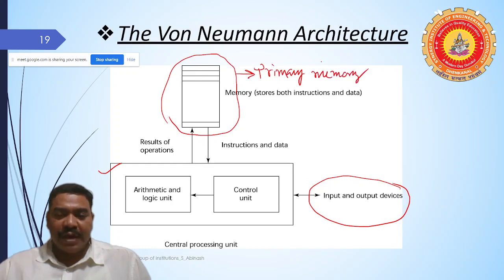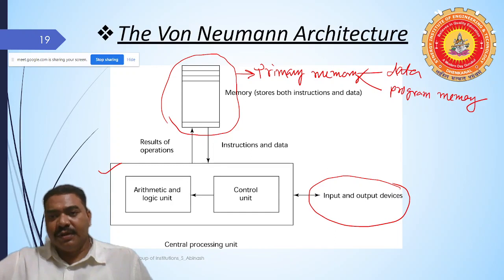The primary memory has both data memory as well as program memory. Program memory will store the instructions, and data memory will store the data required to execute those instructions.